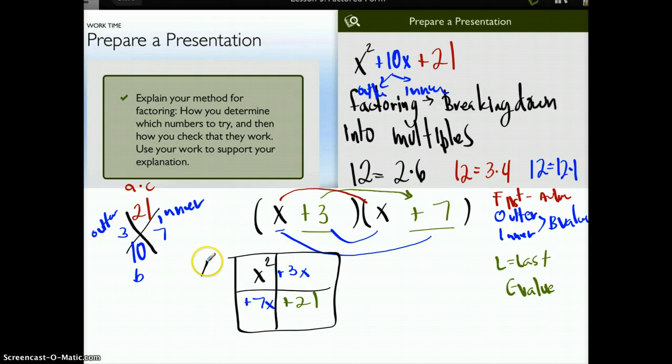And we have x, 3, and 7. And these represent our factors, x plus 3 and x plus 7. That middle term is broken out to outer and inner, and the outer and inner are factored out by GCF, so that way they fit. It's a really confusing explanation. Sorry. But it works.